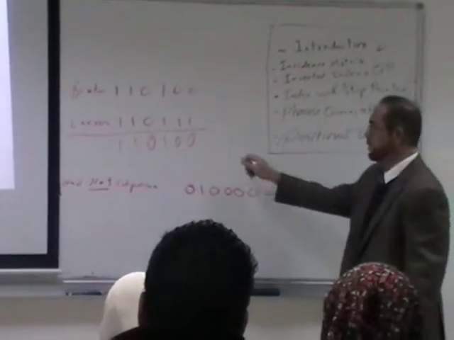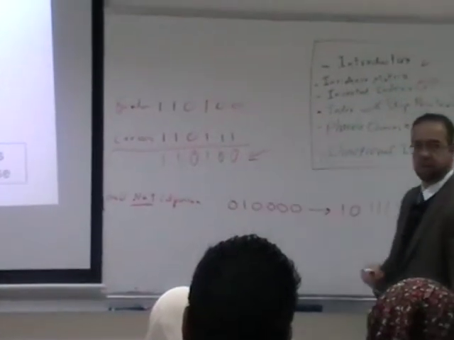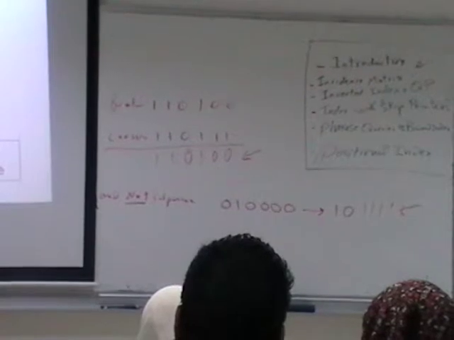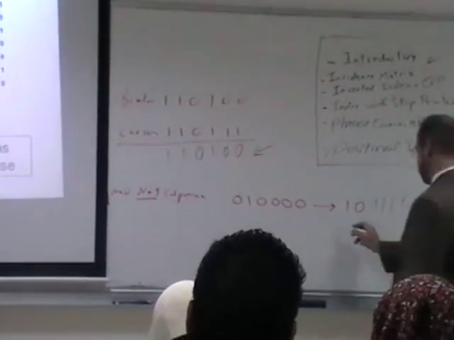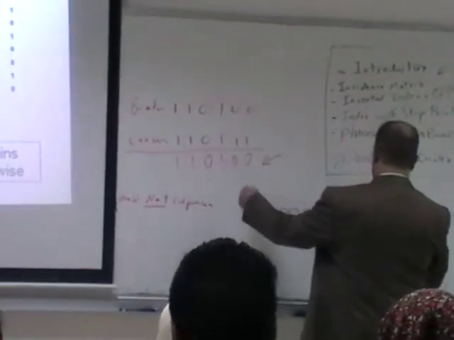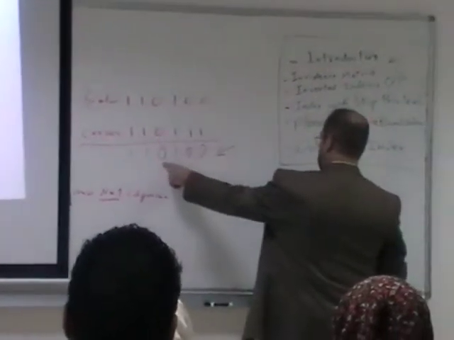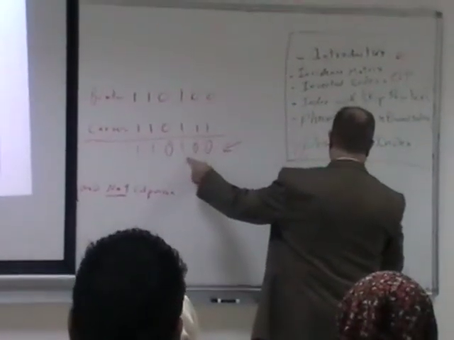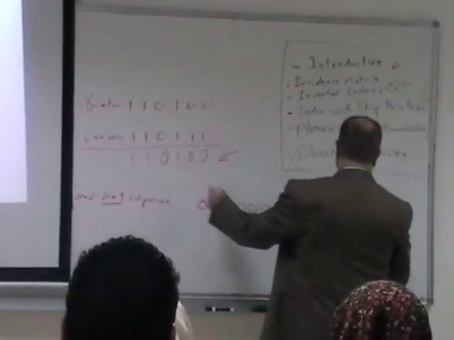And then we AND this one with the complement of Calpurnia. So the final answer is 1 and 1 is 1, 1 and 0 is 0, 0 and 1 is 0, 1 and 1 is 1, and 0, 0.